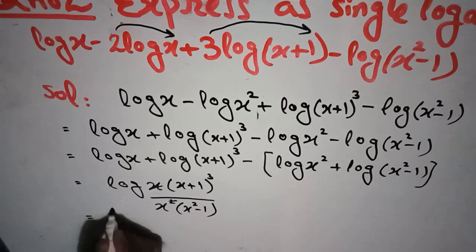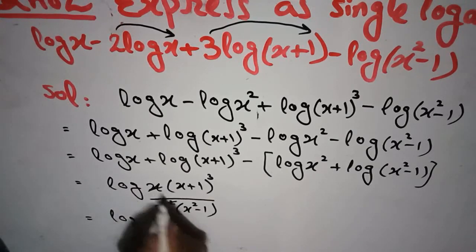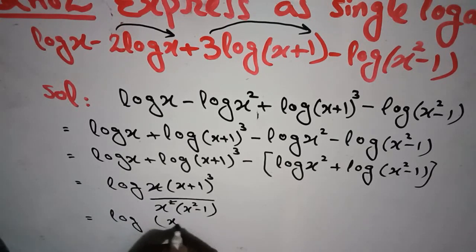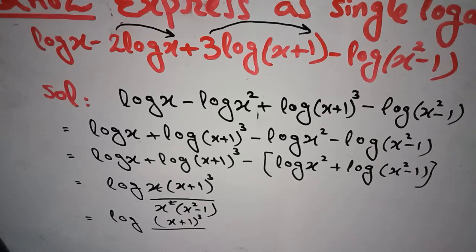So in the numerator there will remain x plus 1 whole cube, and in the denominator there will remain x into x plus 1 and x minus 1. That is the formula of a square minus b square, a plus b and a minus b.